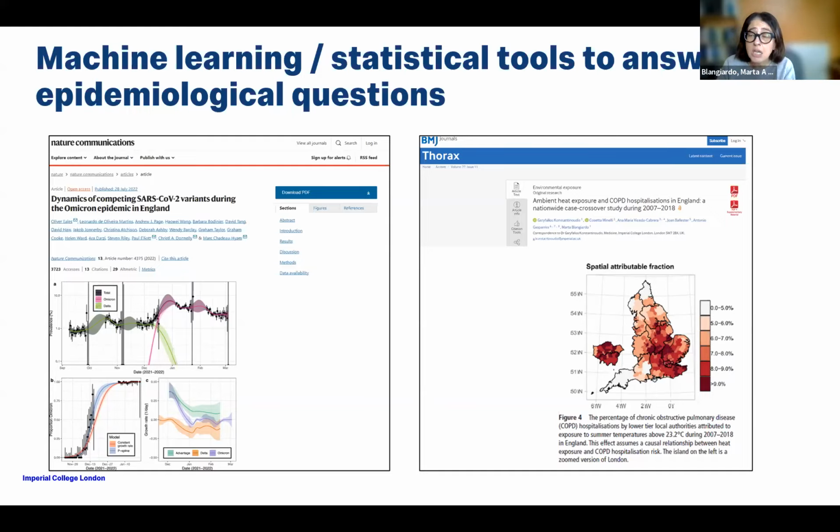While on the right, you see a spatiotemporal model looking at how hospitalization due to chronic obstructive pulmonary disease, due to high temperature, so extreme temperature, heat waves, is changing in space across the country.